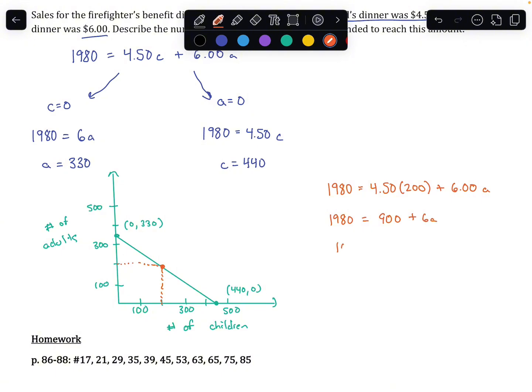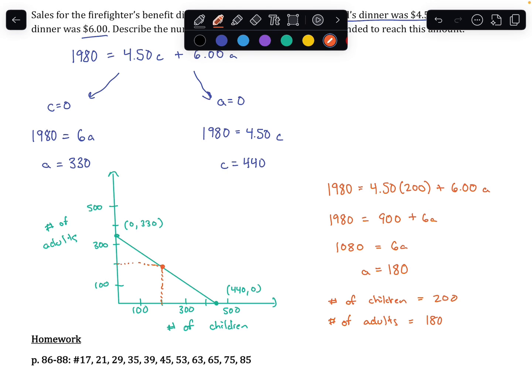Take away 900, I get 1080 equals 6A. Divide by 6, I'm going to get 180. So, possibility: number of children tickets equals 200. Number of adults equals 180.